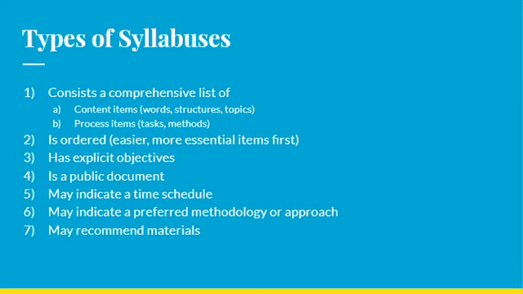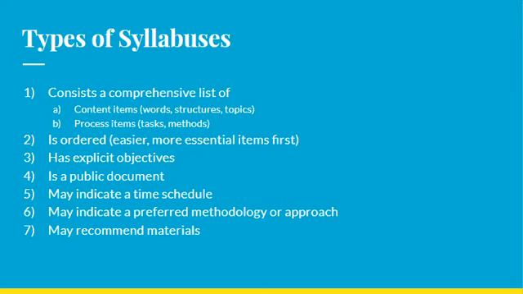So the syllabus would contain a comprehensive list of maybe some items like words, structures, topics, and also how you're going to carry out these through what task, what method. And it's usually ordered. So most syllabuses that I've seen, it starts out easier, right? And then it would get harder after time.